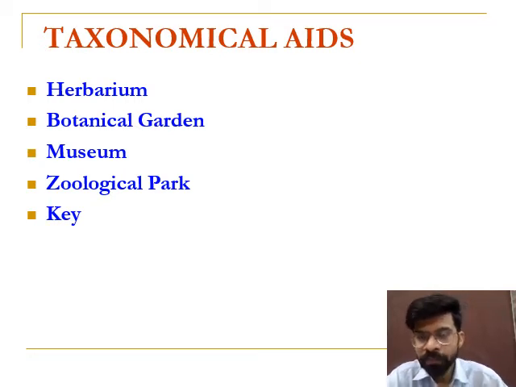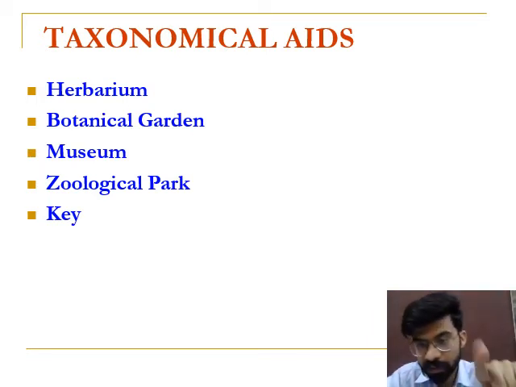We start with our first taxonomical tool, that is herbarium. In herbarium, the plant specimen is dried and pressed on a paper sheet.